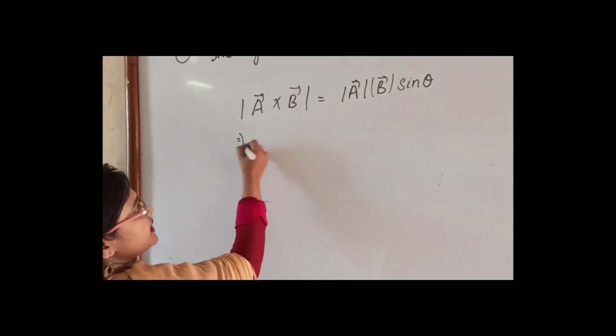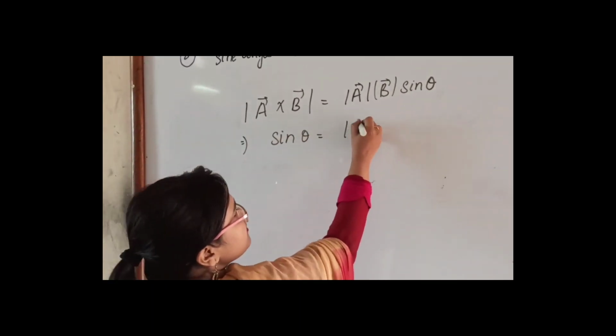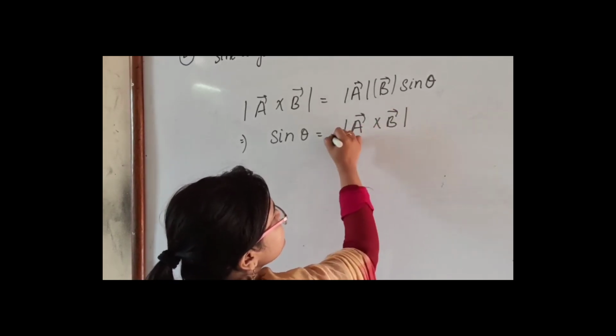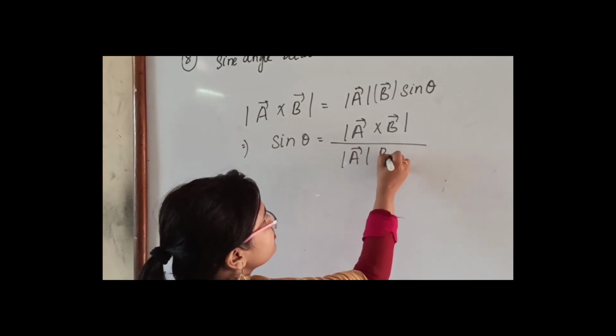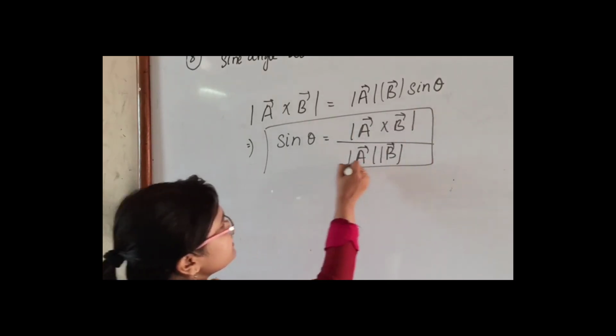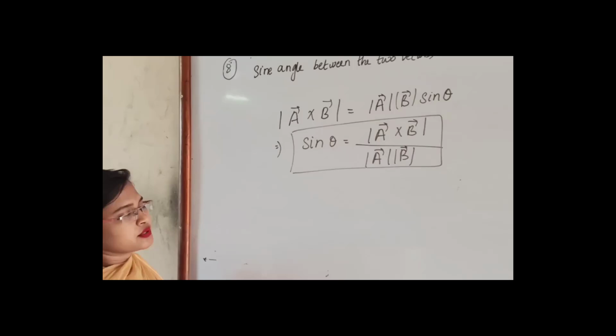So here we can find sine theta as the magnitude of the vector product A cross B divided by the magnitude of vector A times the magnitude of vector B. This is how we find the sine theta between two vectors having a cross product between them.